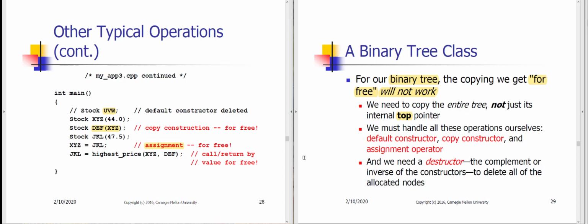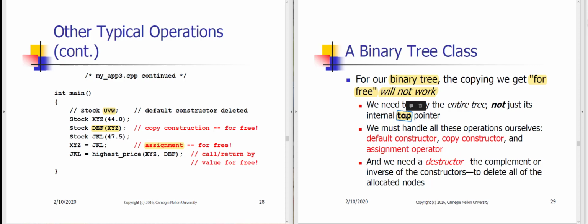And if we use the free copying to assign one binary tree to another, all that would end up getting copied is the value of the top pointer, not all of the nodes within the tree. So we would end up having two binary tree objects whose top pointers point to the same tree.